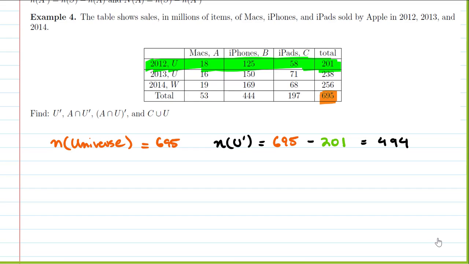So now we want the number of things in A intersect U, and then its complement. What is our A intersect U going to be? Well, A is this row, and U is this column. So A intersect U is 18, the Macs sold in 2012.